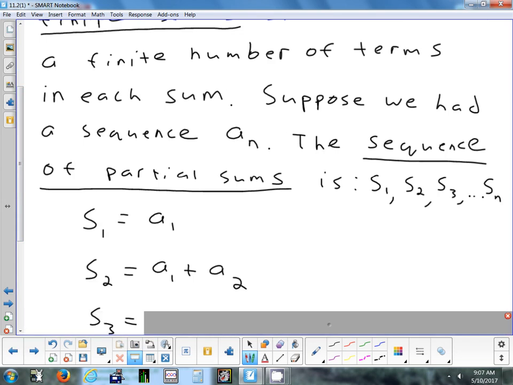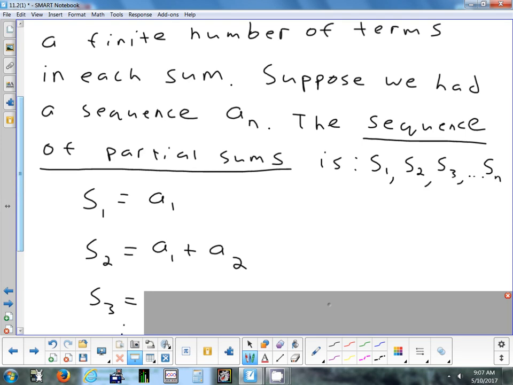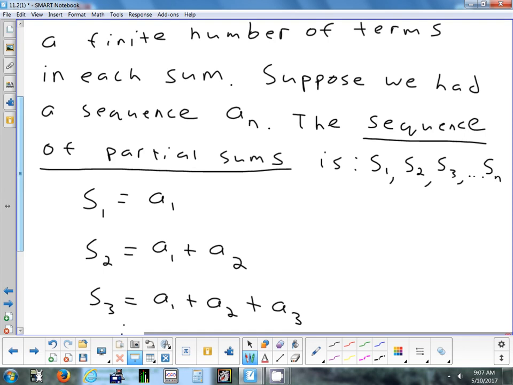What would the third partial sum be? The first term plus the second term plus the third term. And the reason we call it a partial sum is because maybe this sequence A has 10 terms in it. If you only add up the first 3, you haven't added them all up. You've only added up part of them. So that's why it's called a partial sum.